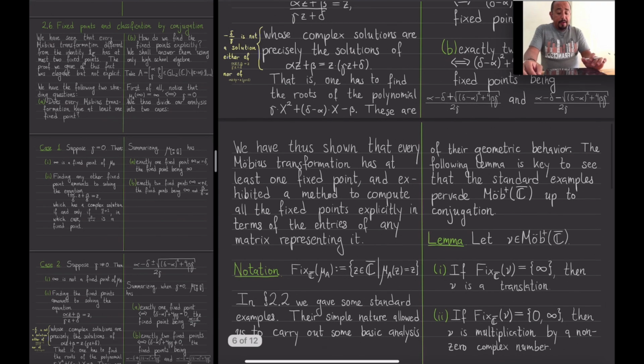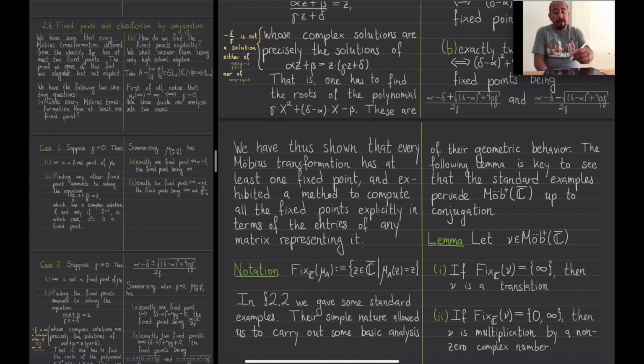Okay, now, let me denote by Fix the set of fixed points of a transformation in C bar, right? So the fixed points in C bar of this transformation.